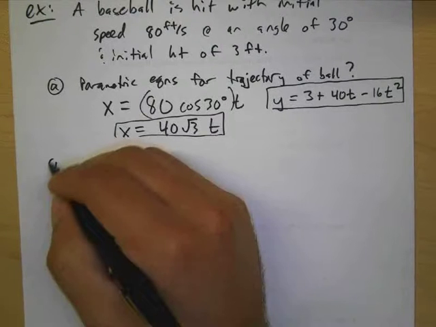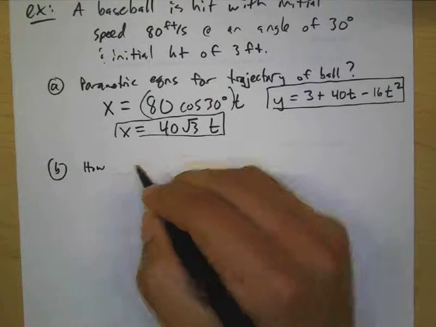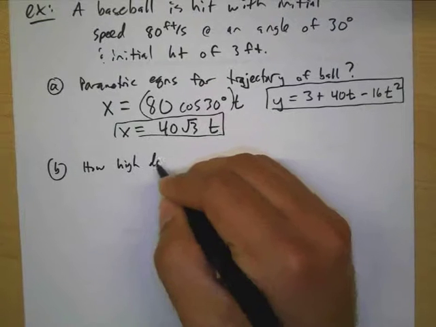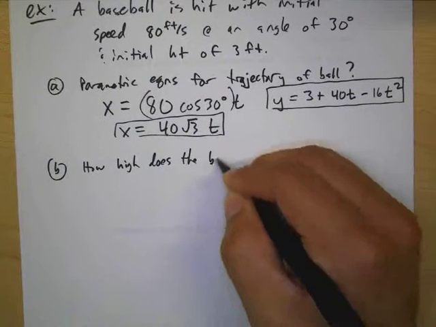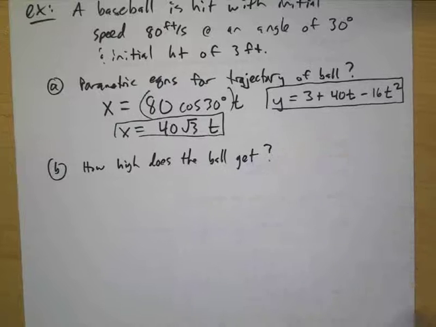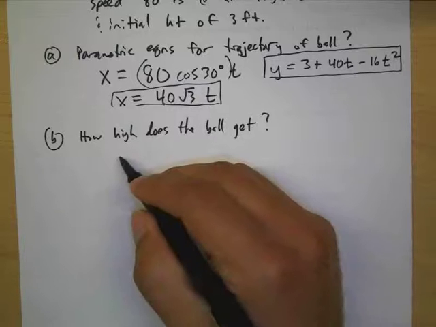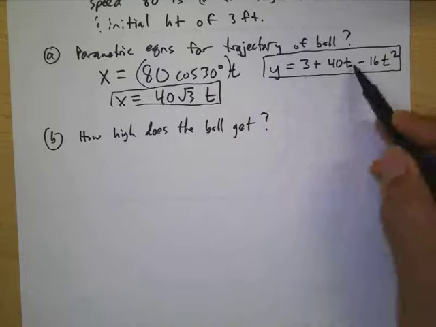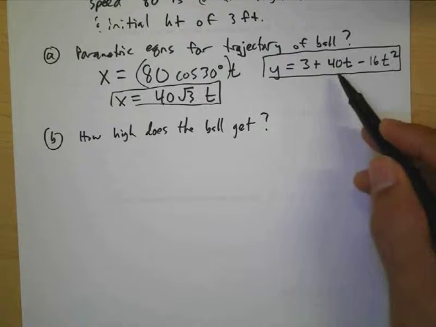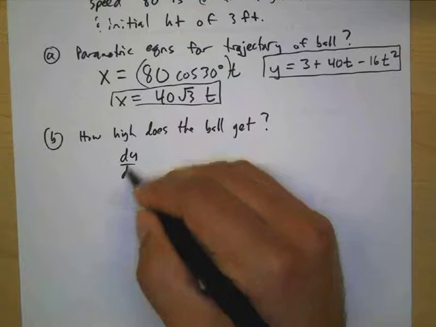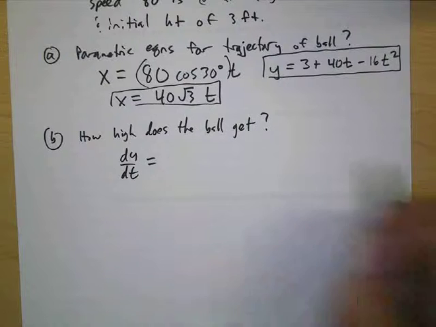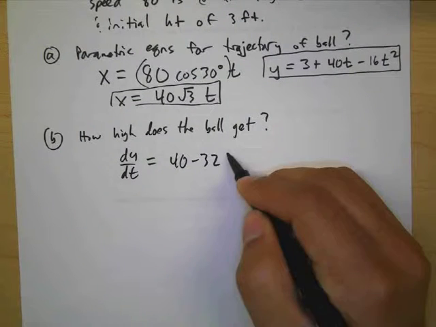Part B. How high does the ball get? So in calc, what do you do to find maximums? And if we're interested in height, all we care about is the y component, right? So we do dy dt, which is going to be 40 minus 32 times t.